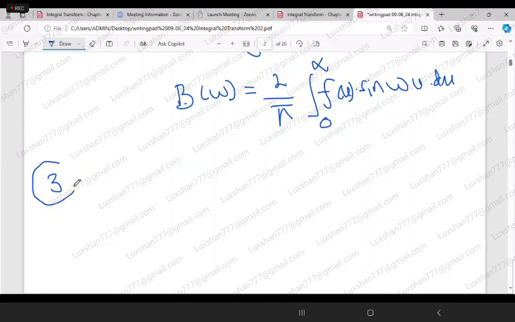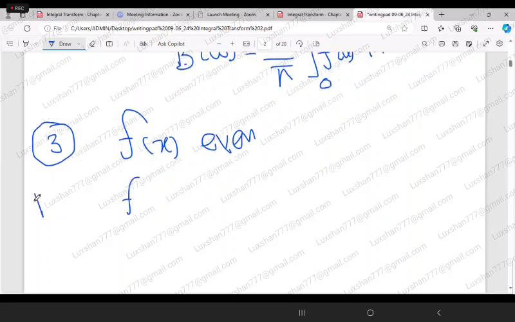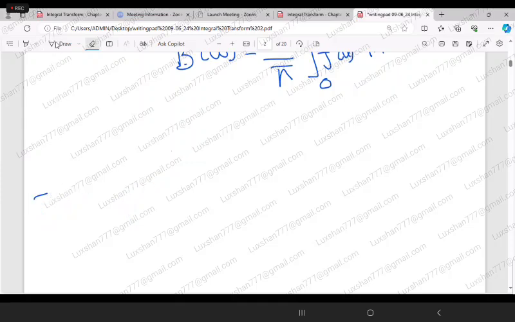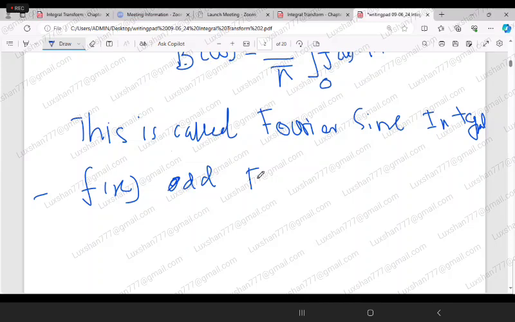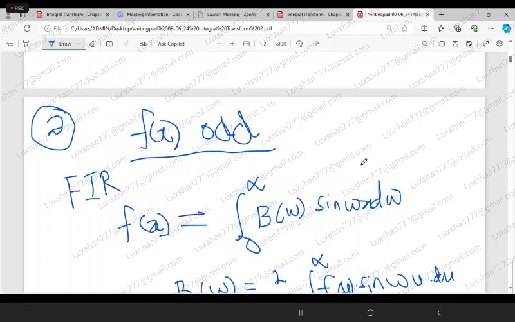Similarly, third thing, if f(x) is odd, then the Fourier integral representation is called a Fourier sine integral, because a(ω) becomes 0.